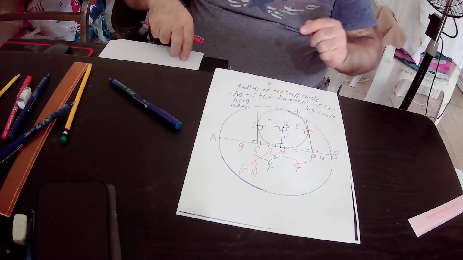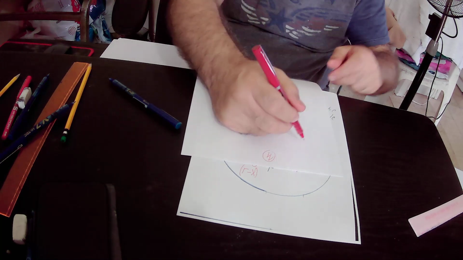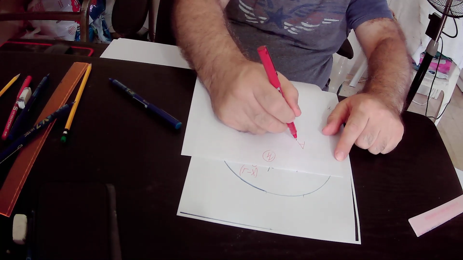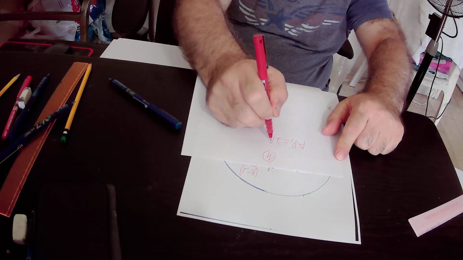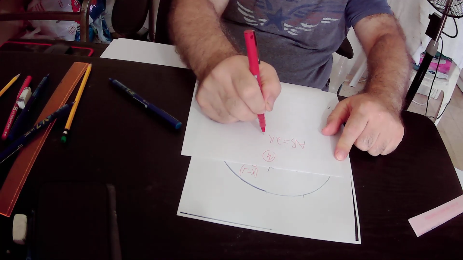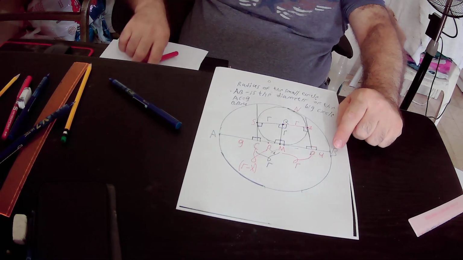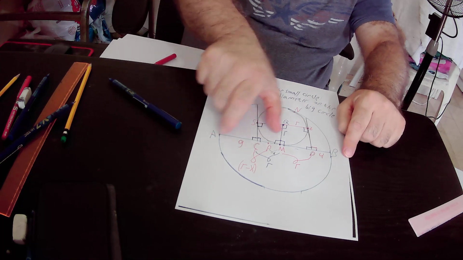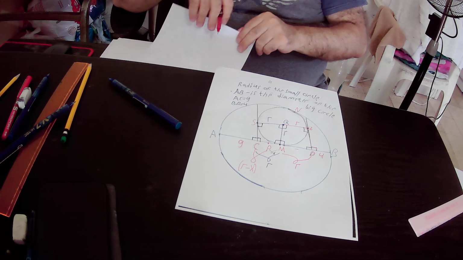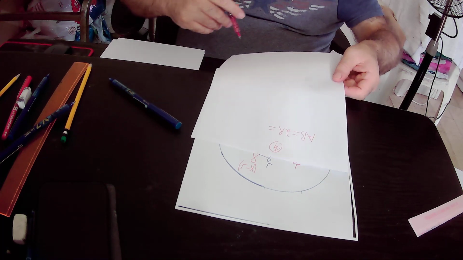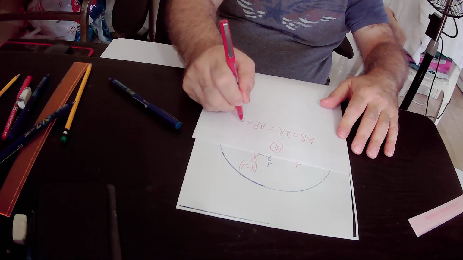Okay, so the size of AB, that is the diameter of the big circle, is 2 times the radius of the big circle, that is to say, 2 times capital R. And AB equals AP plus PB, because P is the center of the big circle.